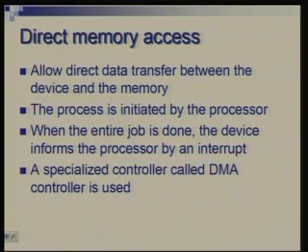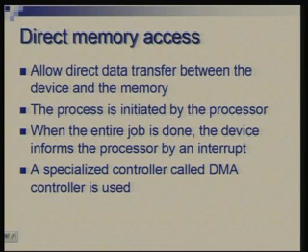The processor's role in direct memory access would be only to initiate the transfer or set things up, to tell the device the amount of data you need to get. Let us say if it is a disk, from track number so and so, sector number so and so, get so much data, and it also specifies that this data has to go to this particular area in the memory.